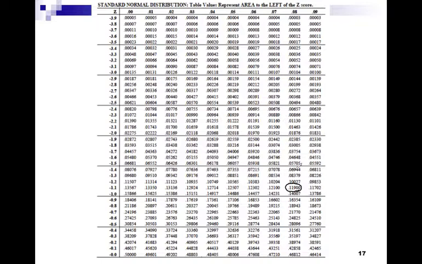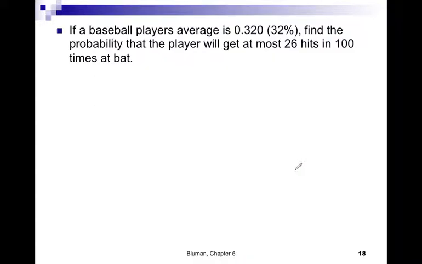So our probability that x was less than or equal to 26 is 0.1190, which is 11.9%. I hope I didn't confuse you too much with this last example.